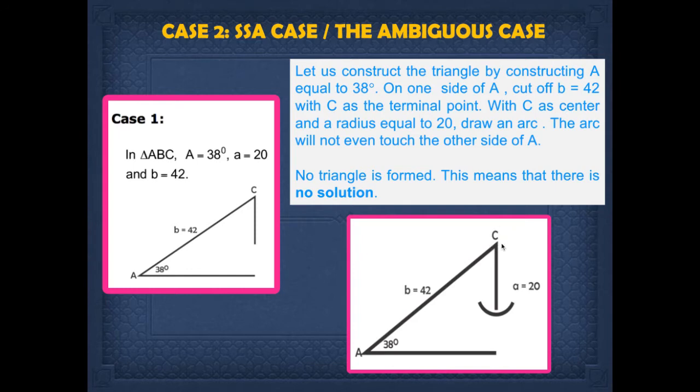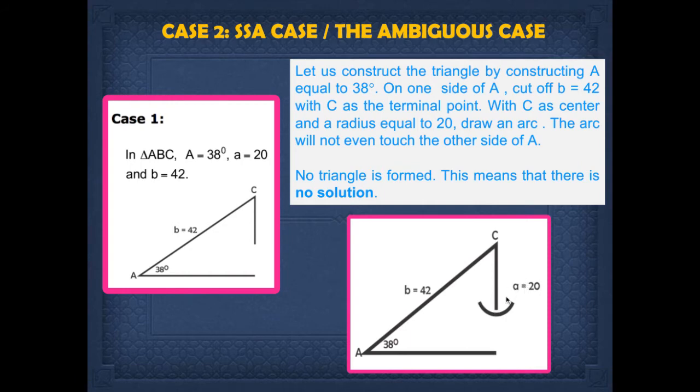Now, with C as center and a radius equal to 20, draw an arc. From this point C, which is the center, we draw a radius, this line here. This is equal to 20, and this will be side a.